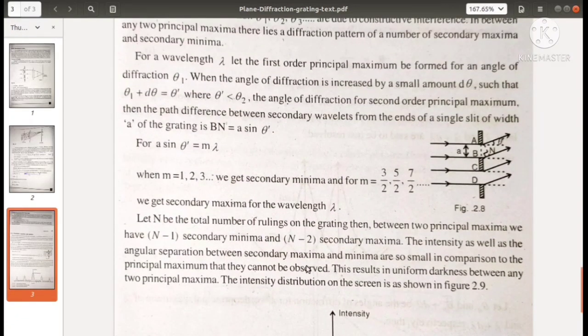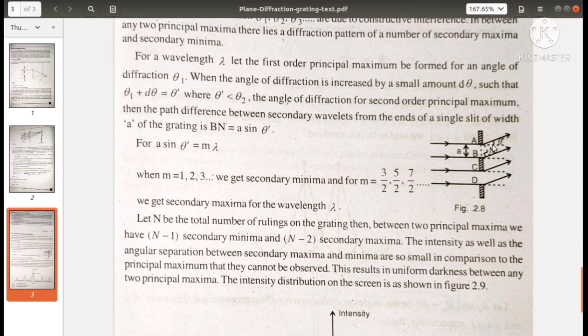That is theta prime equals theta 1 plus d theta, which is less than theta 2. Then the path difference between the secondary wavelets from the ends of the single slit of width a can be represented like so.